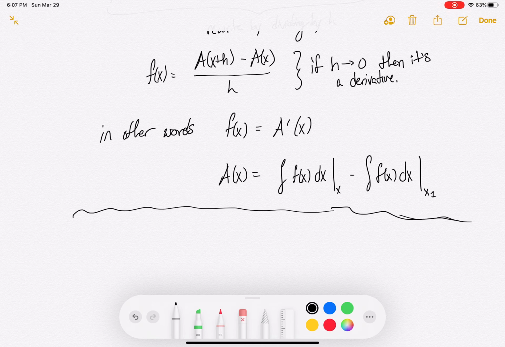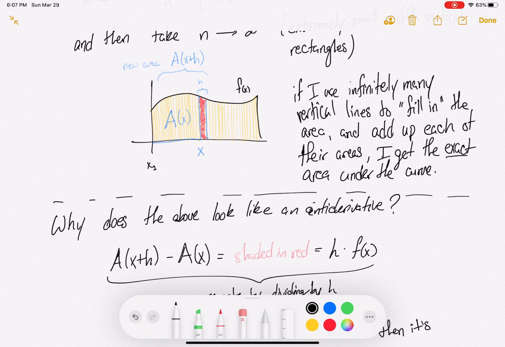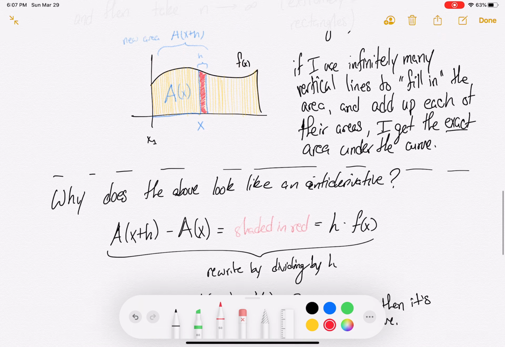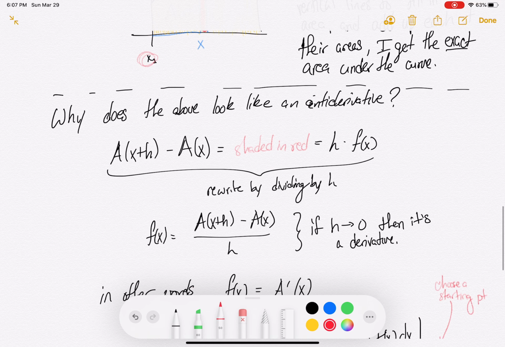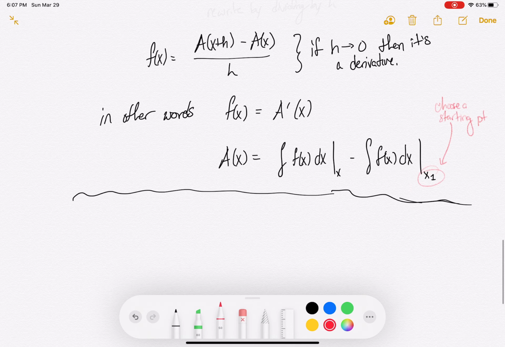Because otherwise you would have this plus c sitting around, and then you could technically say that you have any amount of area because you could choose whatever you want for c, and that's not true. So you technically have to choose some starting point x1. You choose that starting point, and that's this x1 here. So that's just so that you can't get as much area as you want. This is what sits around to make things work.